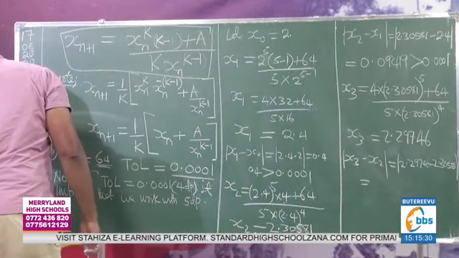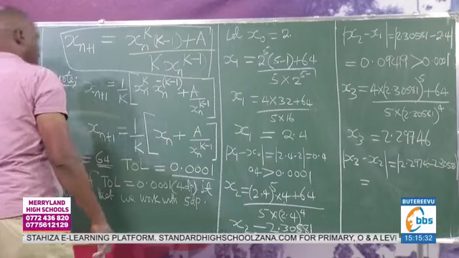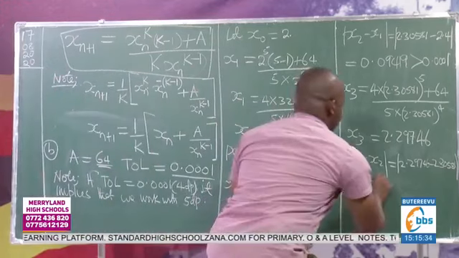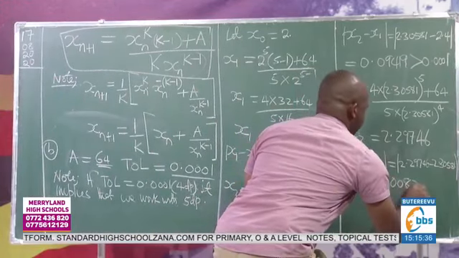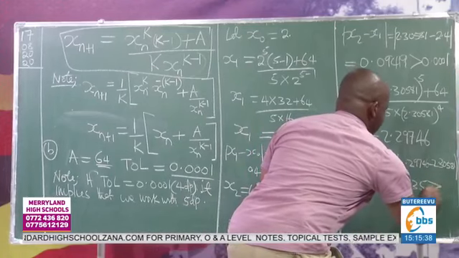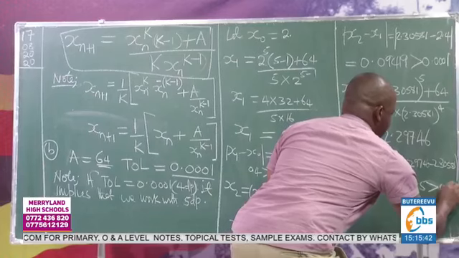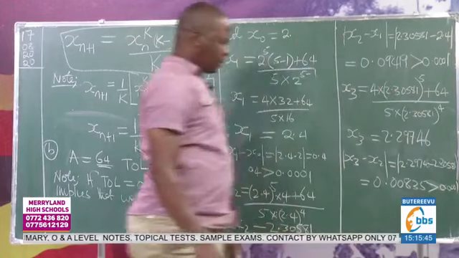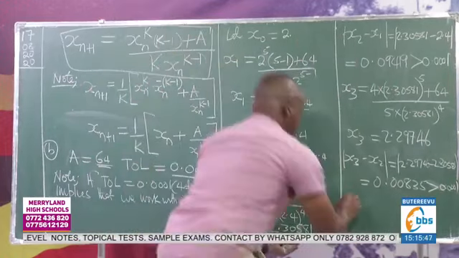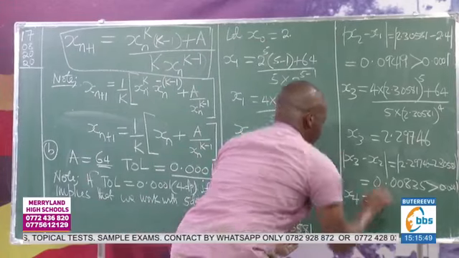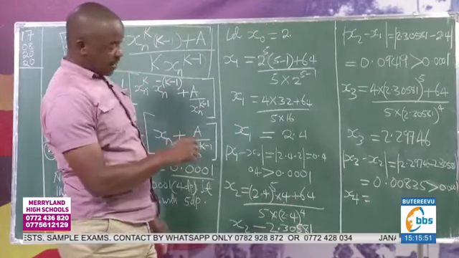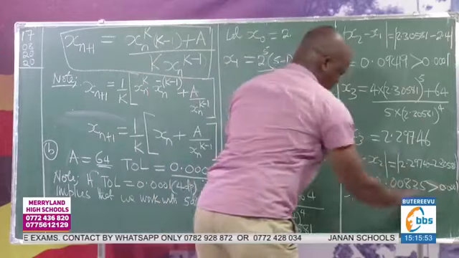This value is 0.00835, still greater than our 0.0001. We try the last time, until our tolerance is less than this value.